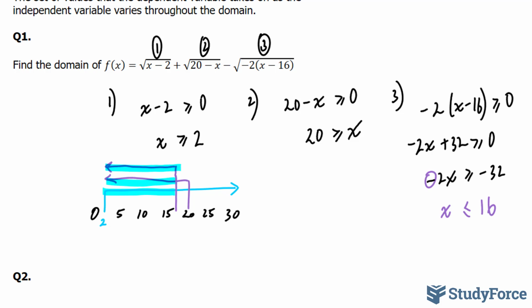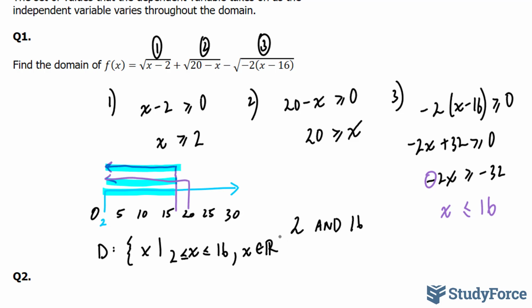So therefore, our domain for this function is between 2 and 16. How do we write that in a formal way? Here's how. Domain, and you introduce these curly brackets, x such that x is between 2 and 16 for all real values of x. And that's it.